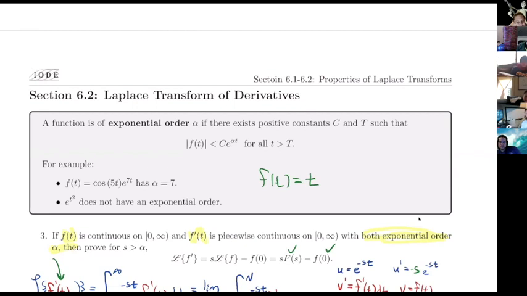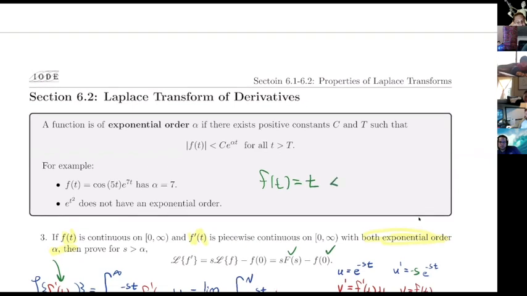Yeah, so this function is less than e to the t for large values of t, right? For small values of t, that's not true, but for large values of t, that is true. So yes, you could say that this function over here has exponential order 1, for example. So it's just saying this function is going to be bounded by some exponential function.